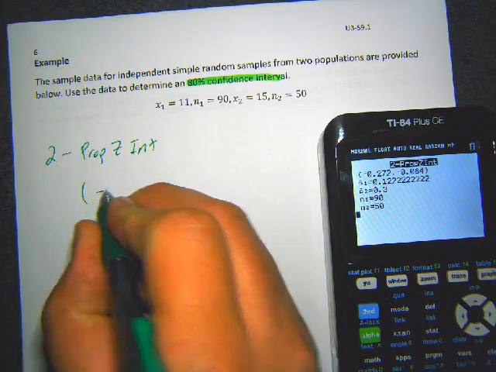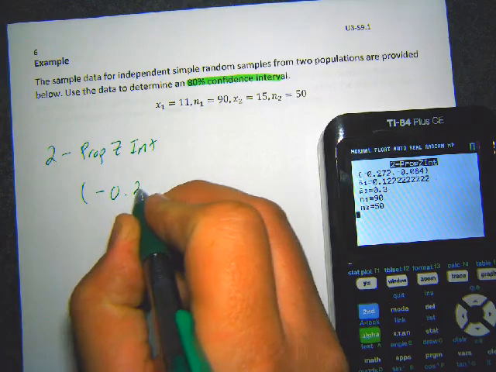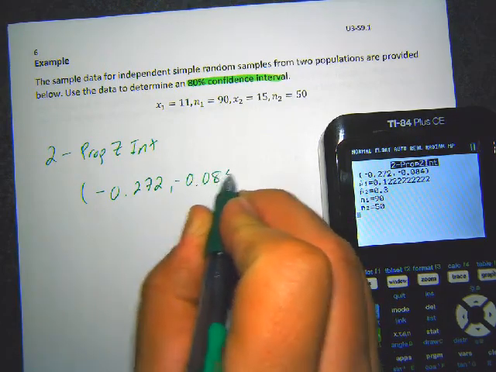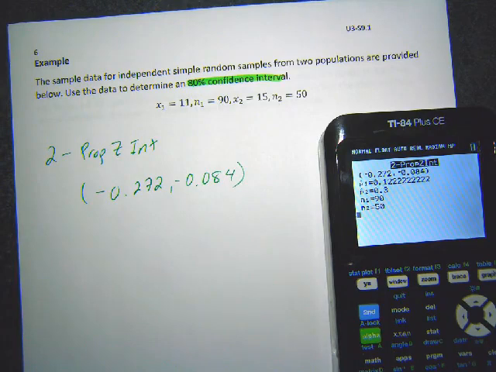The interval is negative 0.272, negative 0.084. It doesn't give you the margin of error. It doesn't give you the difference between the 2 proportions. But you could always find that, right?